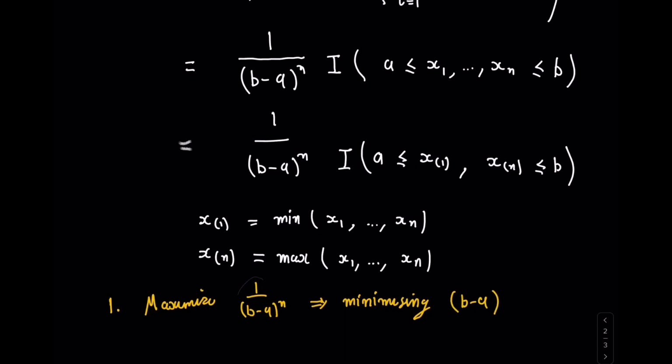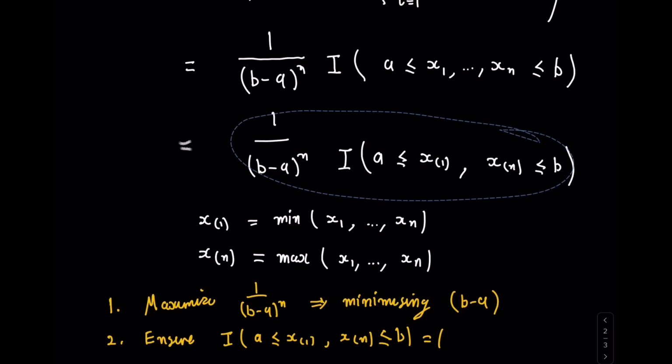If you want to maximize this expression, you want to minimize the denominator, what you're dividing by. So in this case, we want to minimize that difference. And two, there's another thing we need to ensure, and that is that this indicator expression, in x(1) and x(n), is equal to 1. Because if that's not true, then this whole expression of the likelihood function collapses to 0.